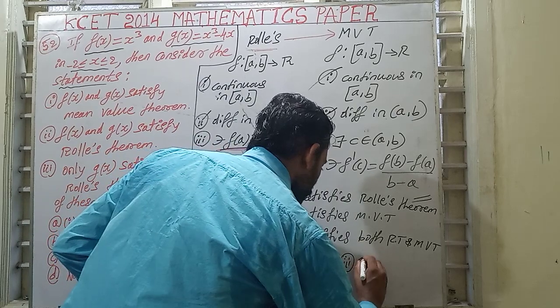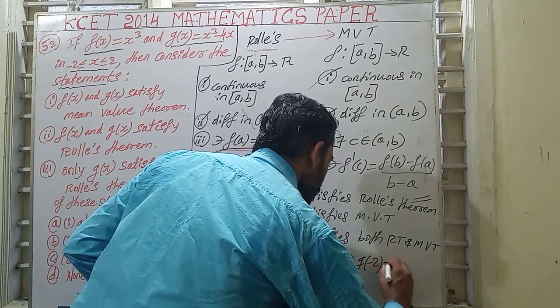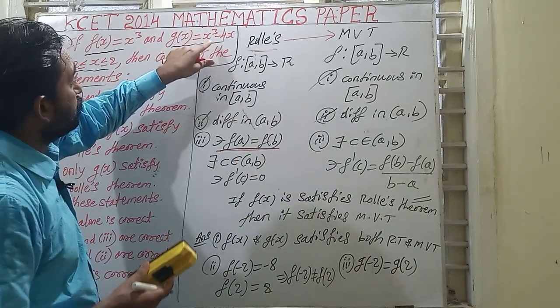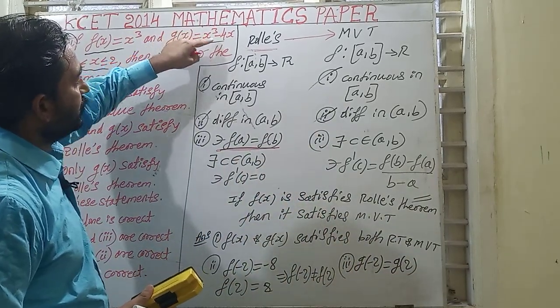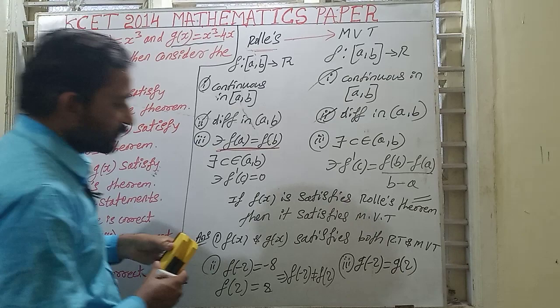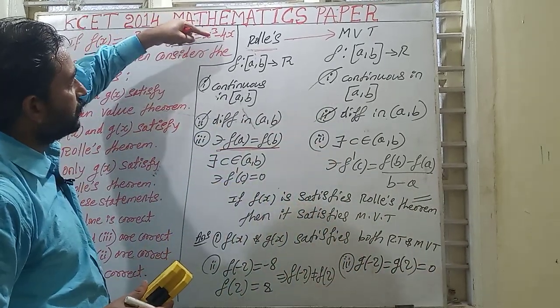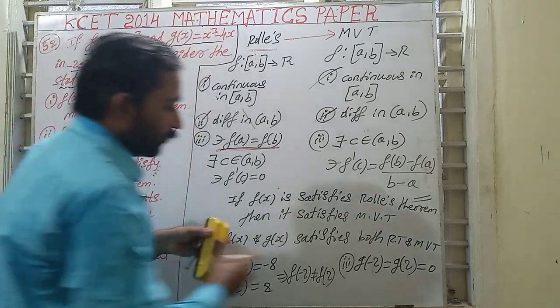So g of -2 is equal to g of +2, because -2 cube is -8, minus into minus plus 8, it becomes 0, and 2 to the power of 3 is 8, minus 8 equal to 0.